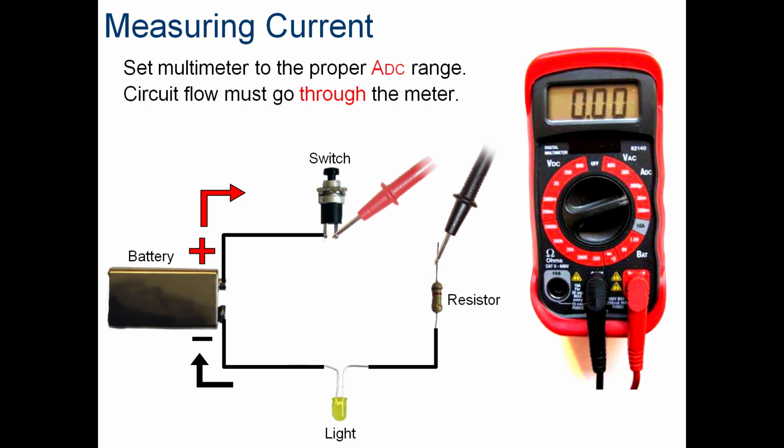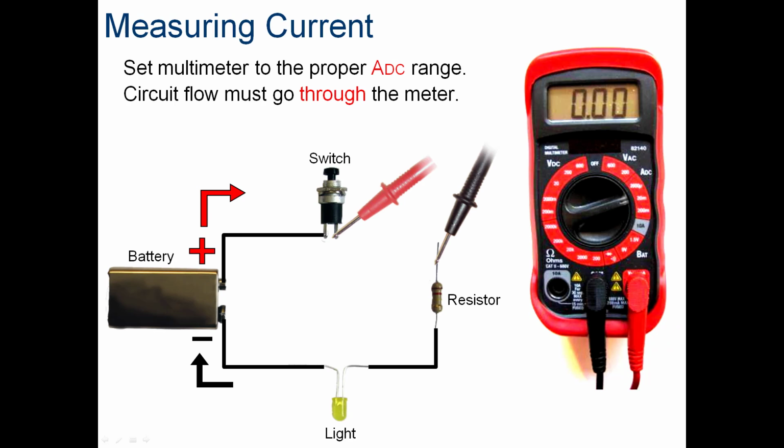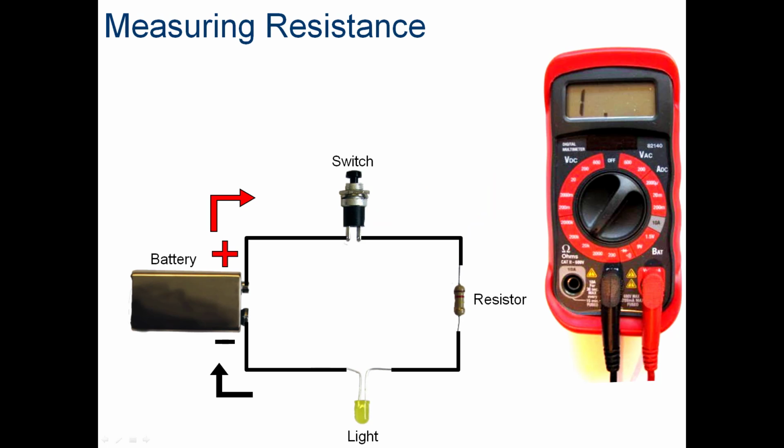Again, the red lead goes to the positive side of the circuit, the black lead to the negative. And now the current's leaving the circuit, going through the meter and back in. That's how I measure amperes. Really important that you're in the proper range and that your leads are in the proper position.